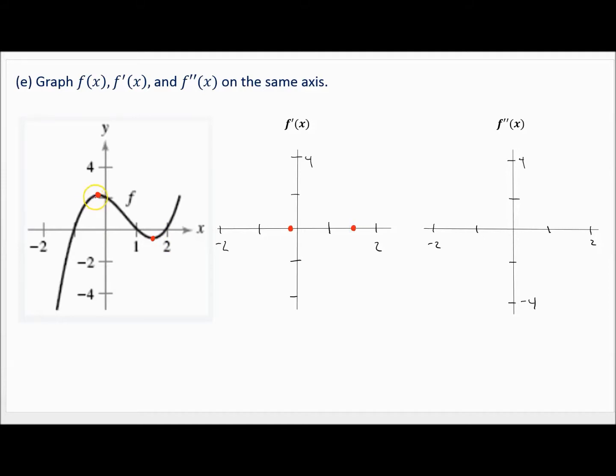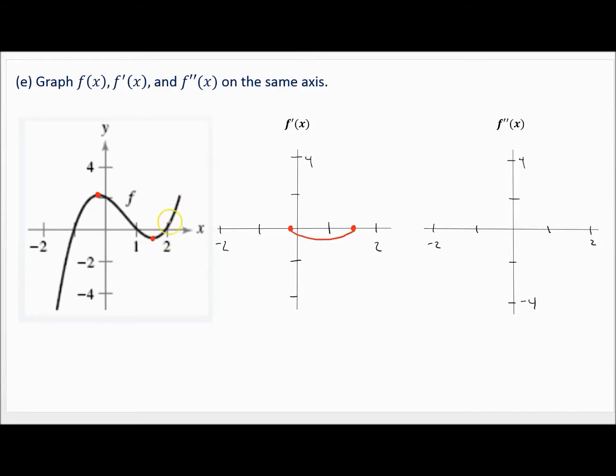Now remember, everything in between, right here, between those two places where the derivative equals 0, is a negative slope. So that means the slope is negative in between here, so I need to make it negative. What the value of it is, I'm not going to get hung up on. I just know it's negative, and those have to connect up.